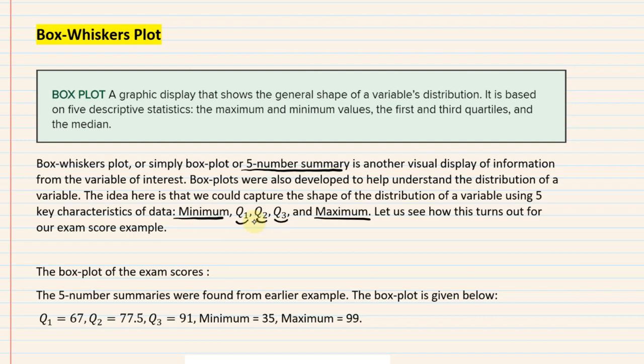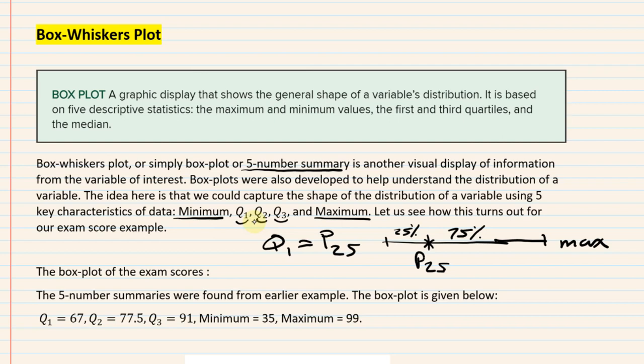Now Q1 is equal to P25, meaning the 25th percentile. Let's say this is P25, the 25th percentile of my data values. That means 25% of the scores are below it, 75% of scores are above that. And this is, let's say, the maximum, and here's where the minimum is.